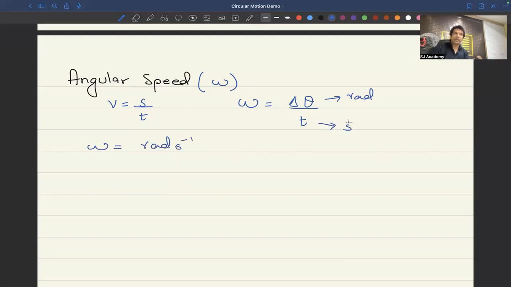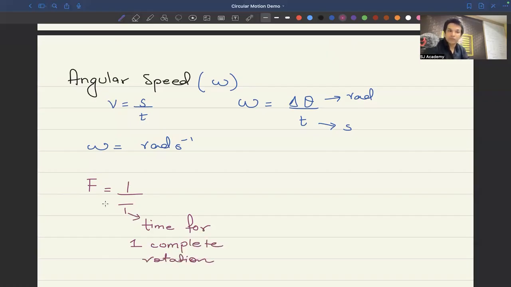Now, what we also know is that if any point does one complete rotation, the frequency or f is given as 1 upon delta t or 1 upon t. And this is basically the time for one complete rotation. So if you have to talk in terms of frequency or time period, we can rearrange this formula.